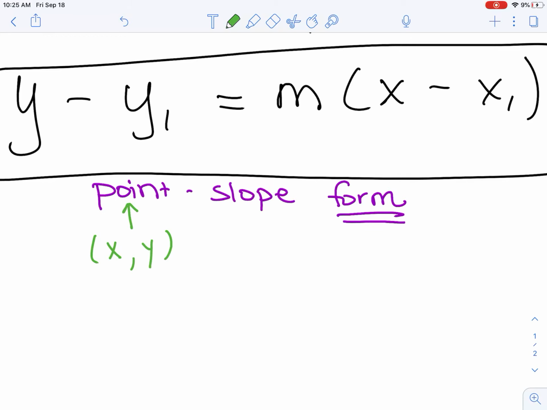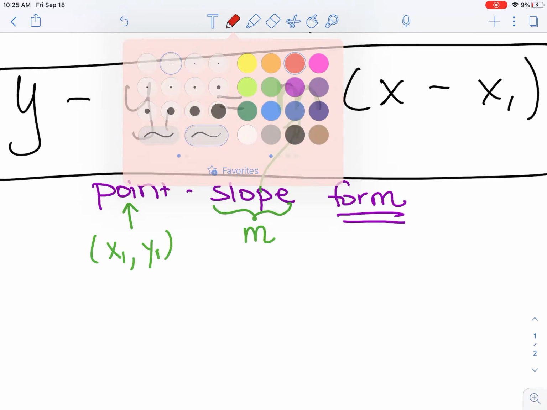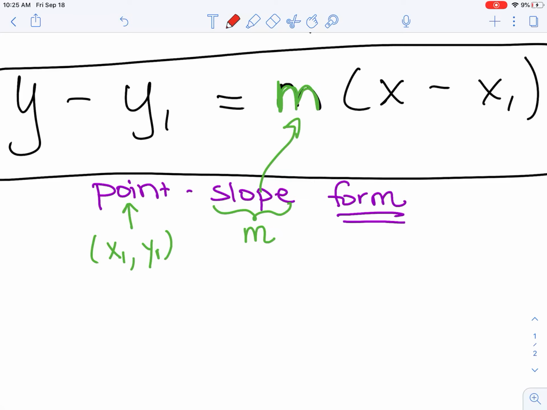And because it's a point, we'll call this x1 for like a point. We say this is a value for x at point 1 and the value at y for point 1 as well. And then this slope is, again, this value for m. So here's the slope. We look for it here. Whatever's in front of that parentheses gives me the slope. And then the point, remember, is 2 values. So this x1 is really right here. So whatever value of x is there, we won't see an x.